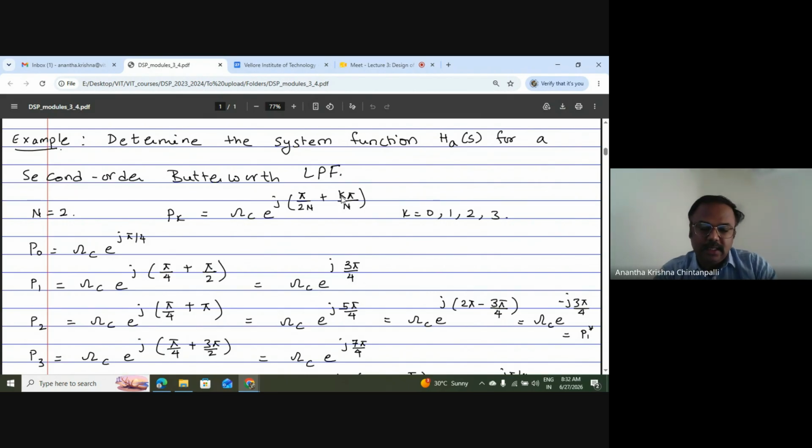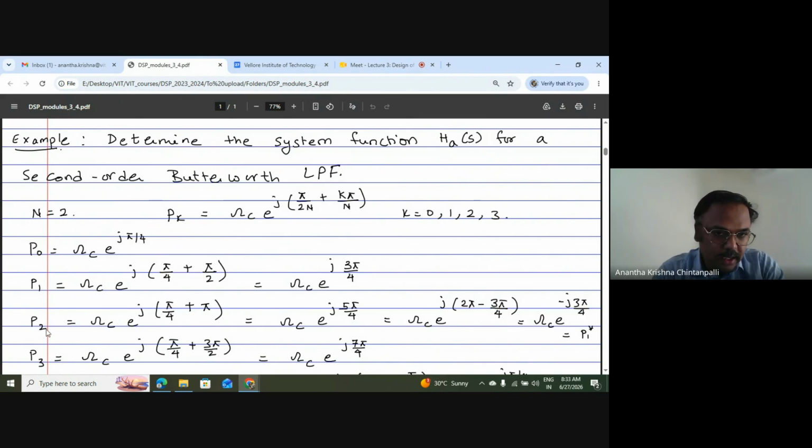One is to use this expression and substitute the different values of k, which are 0, 1, 2 and 3, and you get the actual location of the poles. The other is to identify one of them and then add pi by 2, because you know each pole is separated by an angular spacing of pi by n. So this is omega c e to the power of j 3 pi by 4.